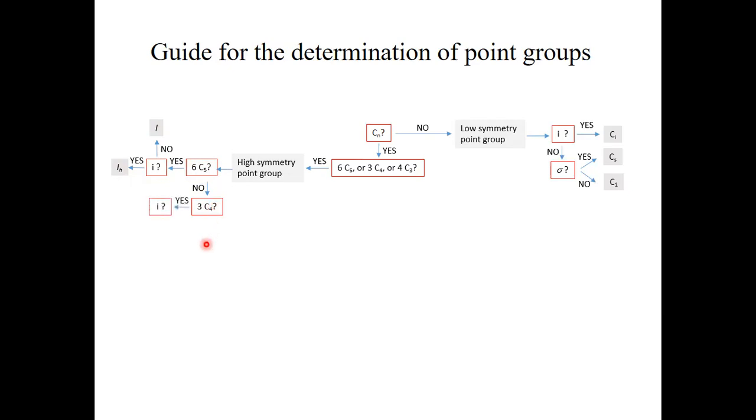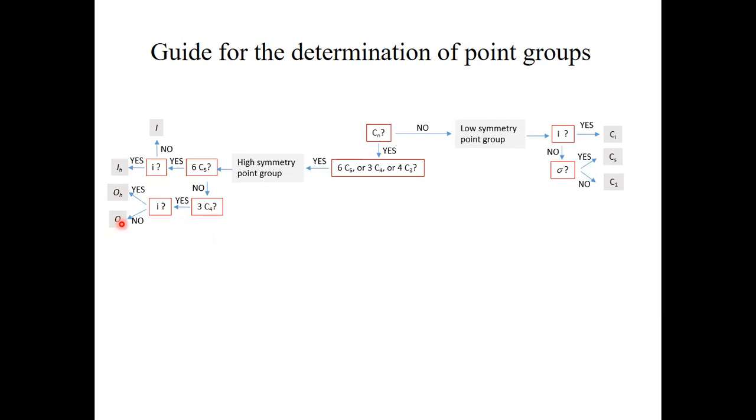If the answer is yes, then that must mean that we have octahedral symmetry. And next we can ask, do we have an inversion center? If the answer is yes, then we must have the point group Oh. If the answer is no, then that means that we must have the rotational subgroup of the point group Oh, which is O.